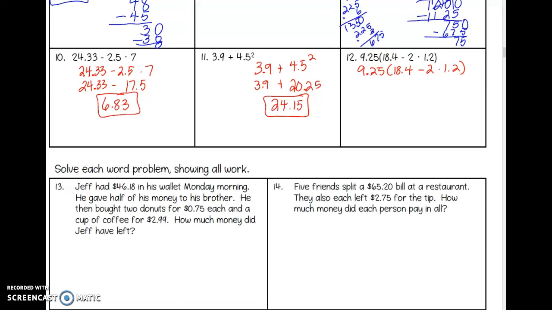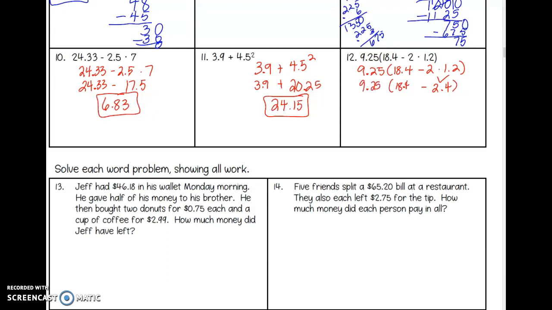So within my parentheses, what am I going to do first? Multiplication. So I'm going to go 2 times 1.2. Do that. What do you get? 2.4. Bring everything else down, including the parentheses.